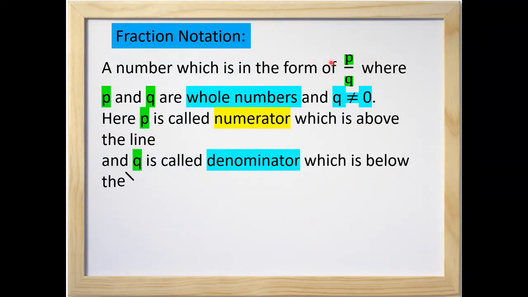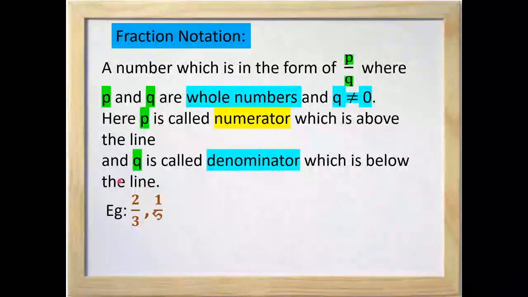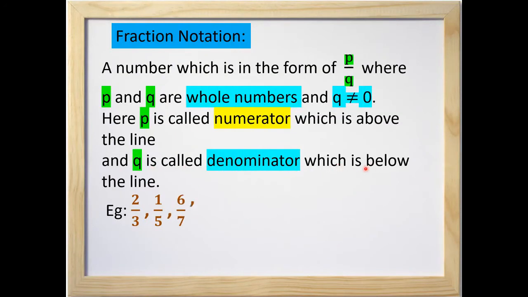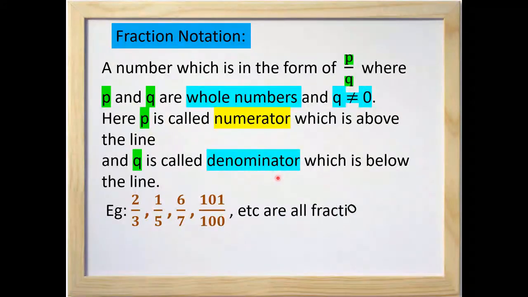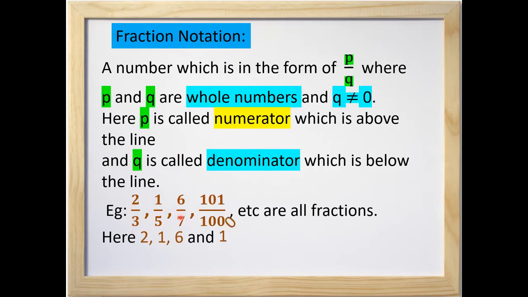See here children, P is above the line and it is called the numerator, and Q is called the denominator, which is below the line. For example, 2 by 3, 1 by 5, 6 by 7, 101 by 100, etc. are all fractions.